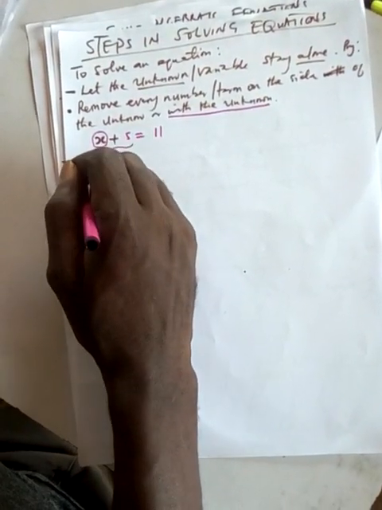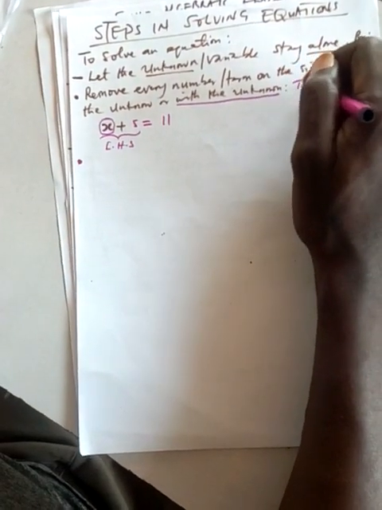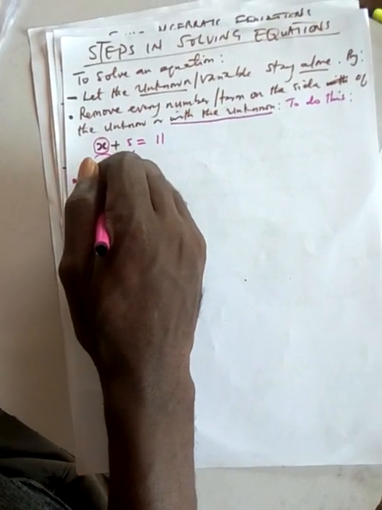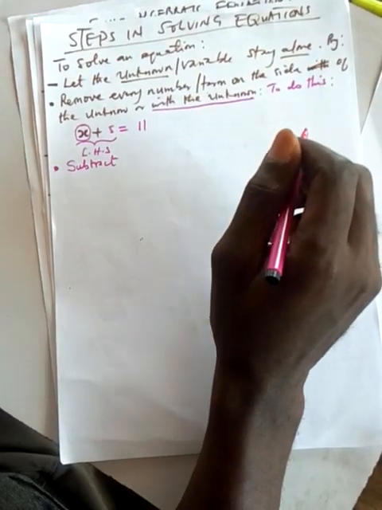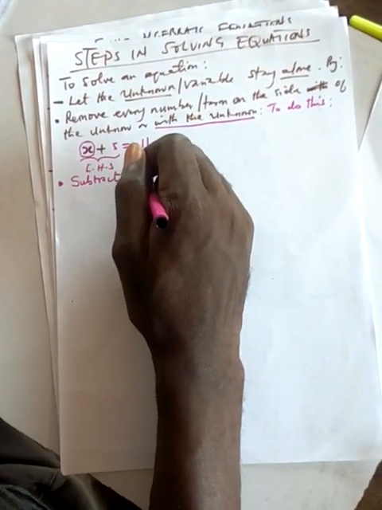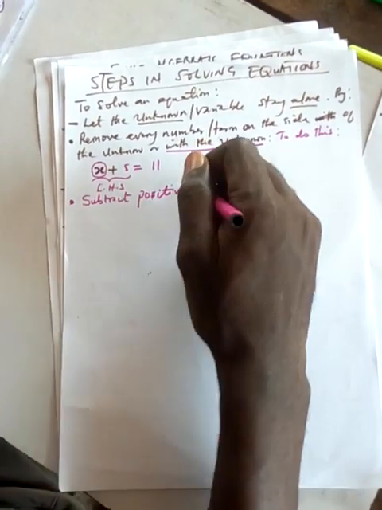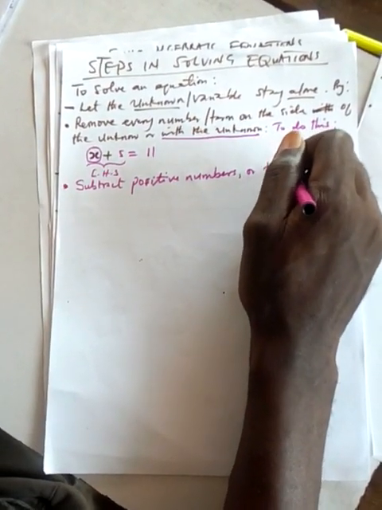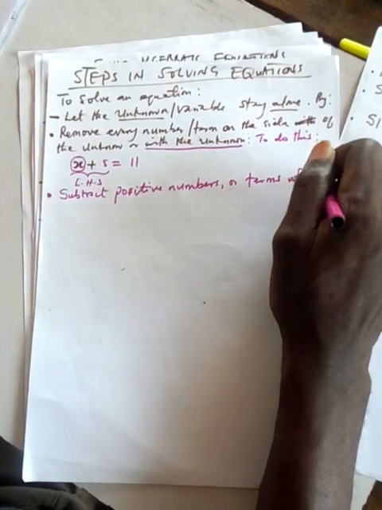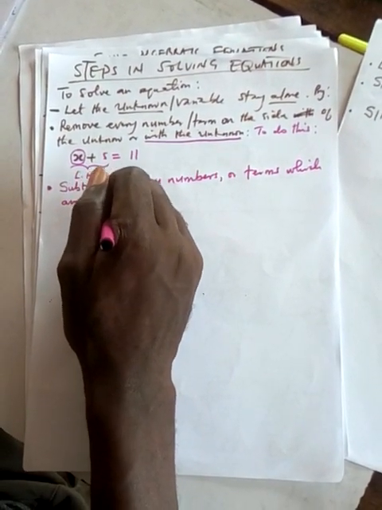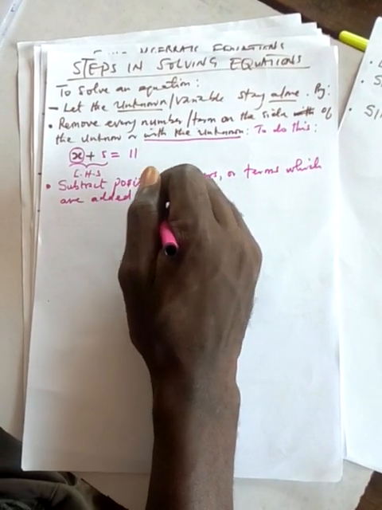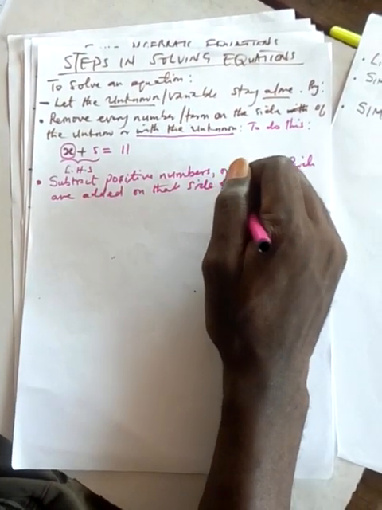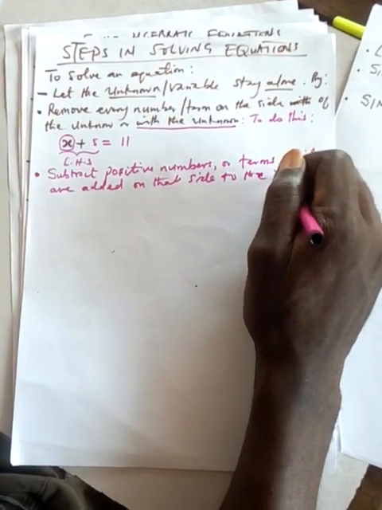To do this, we subtract positive numbers or terms which are added on that side to the unknown, to the variable.